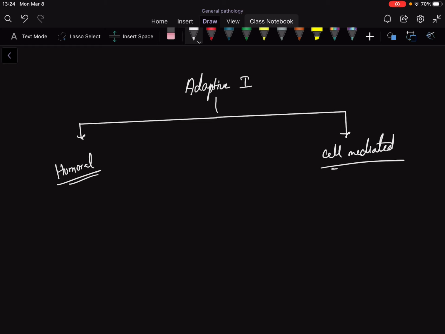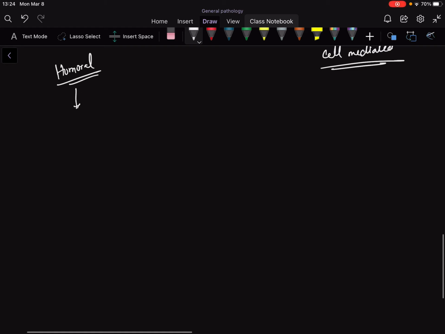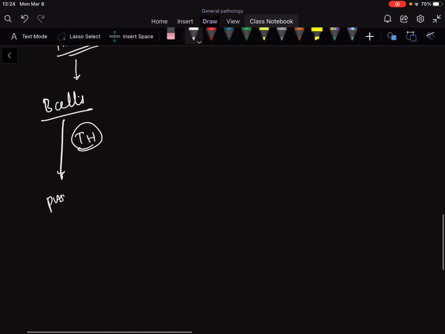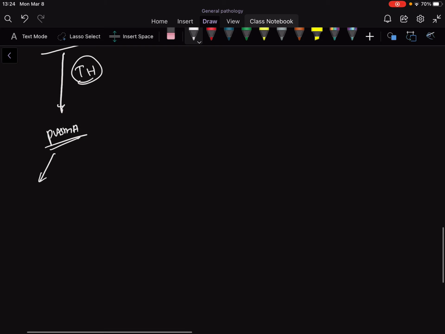In humoral immunity, we will be talking about B cells or B lymphocytes, which in the presence of T helper cells will get converted into plasma cells, and these plasma cells will release different types of antibodies like IgG, IgA, IgM, IgE and IgD.